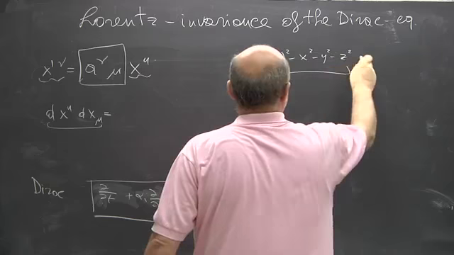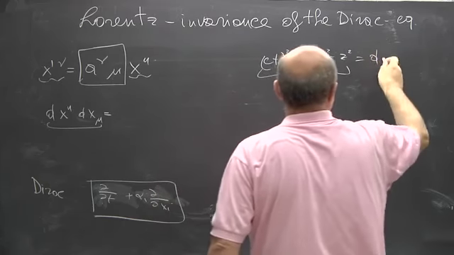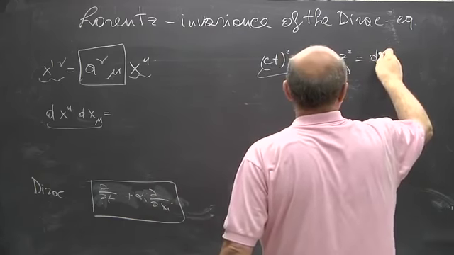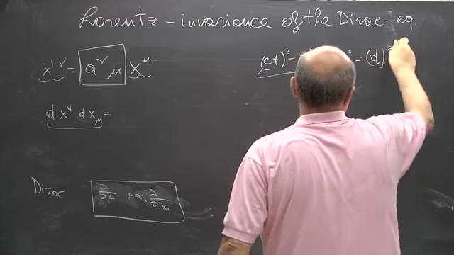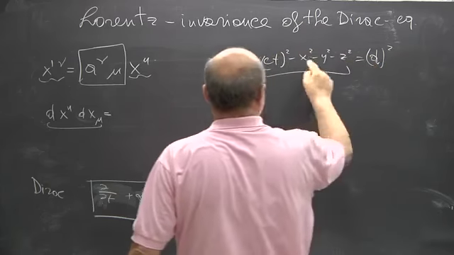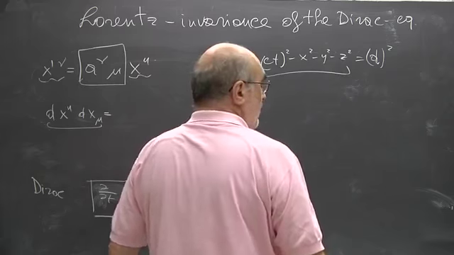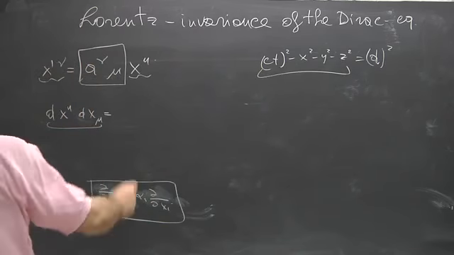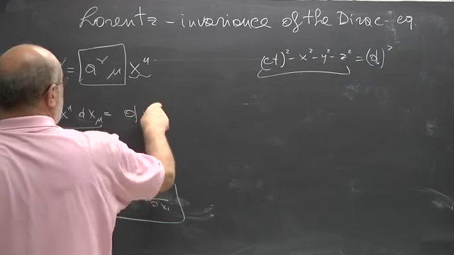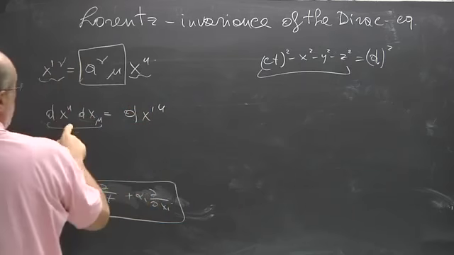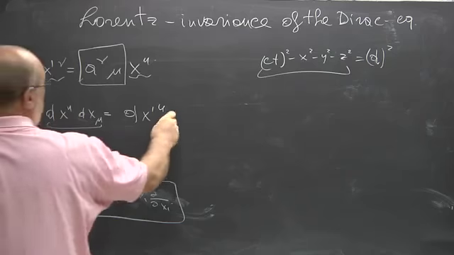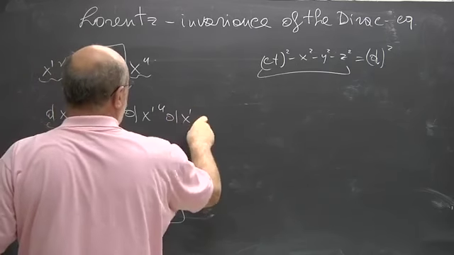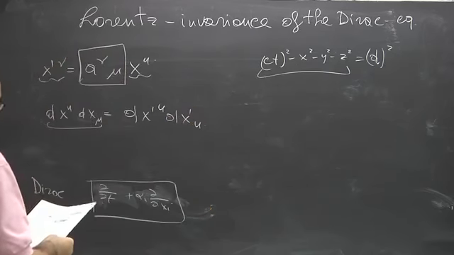This is a 4-distance, but it has the feature of having these minus signs. But the Lorentz transformation keeps it invariant. So if we do a Lorentz transformation and go to a new variable, the infinitesimal one will also be left invariant.